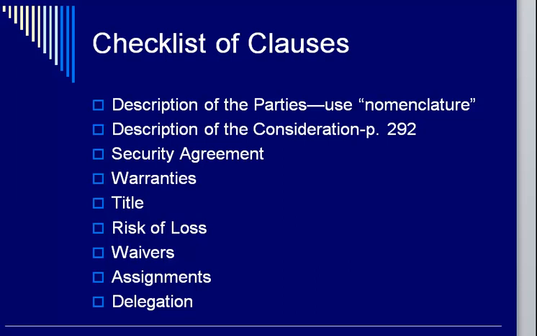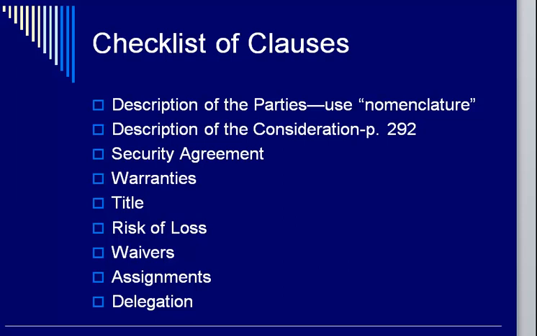The same process of nomenclature is used in pleadings as it is in contracts. It's a very important concept because once you get the shorthand correct and you use it consistently, everybody can count on you using it in the same way. So don't leave this class without the concept of nomenclature, which is essentially a shorthand used consistently throughout.